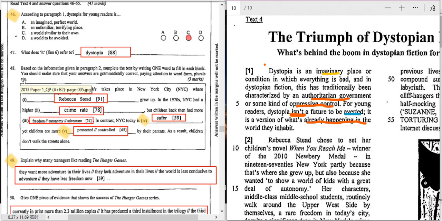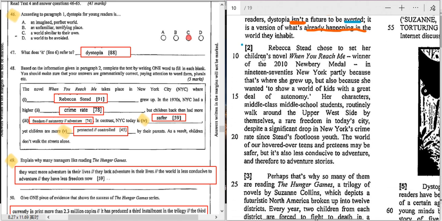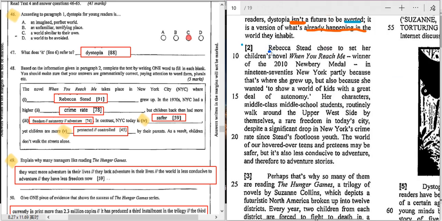And let's move on to 48, paragraph 2. Rebecca's dead. So we see the name, and we better highlight it, as we learned from the last videos.